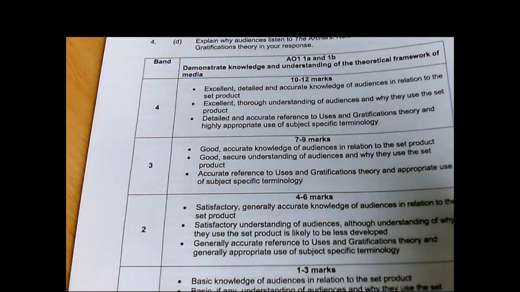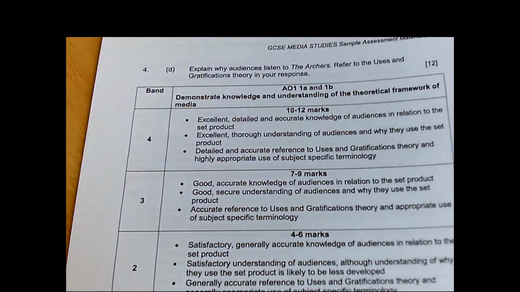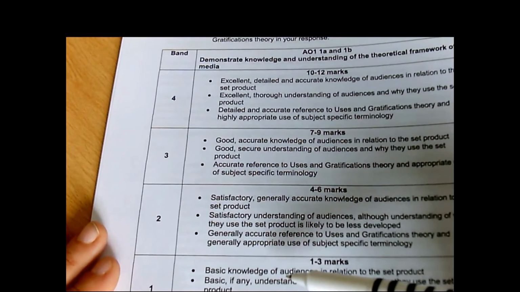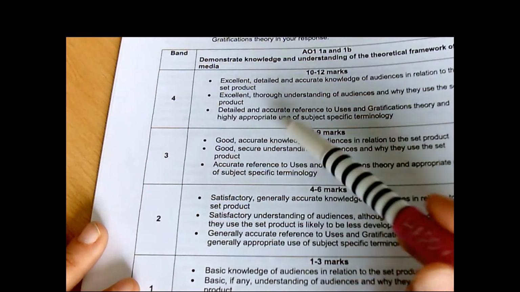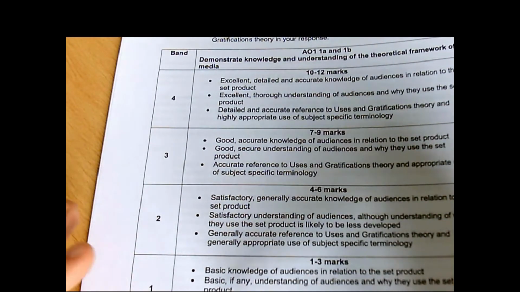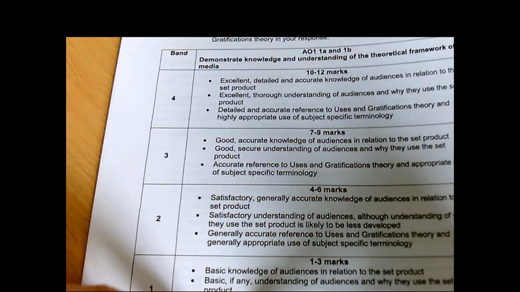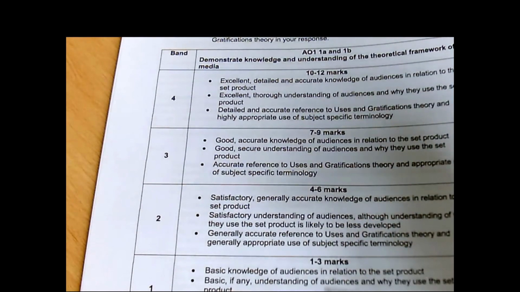All right. 4D. Why audiences listen to the Archers. Again, your marks are split into groups of 3 here, and we've got 3 bullet points per band that we're looking for, but we're not saying, well, this will get you 1 mark, this will get you 1 mark. That's not how it works. It's a holistic look. So the first thing we're looking for is your knowledge of audiences in relation to the Archers.